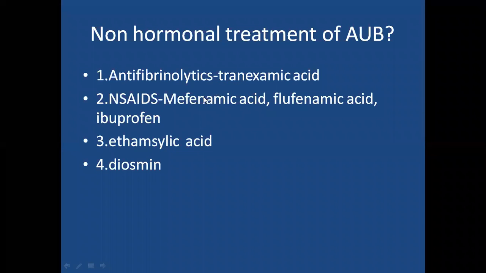Any patient who comes with bleeding, after pelvic examination, till she gets investigations, to control bleeding we prescribe this tablet, Tranexa MF. Then ethamsylate, a capillary fragility stabilizer. Ethamsylate is a very weak drug to control bleeding, but a combination of tranexamic acid and ethamsylate is also available. And another one is diosmin.